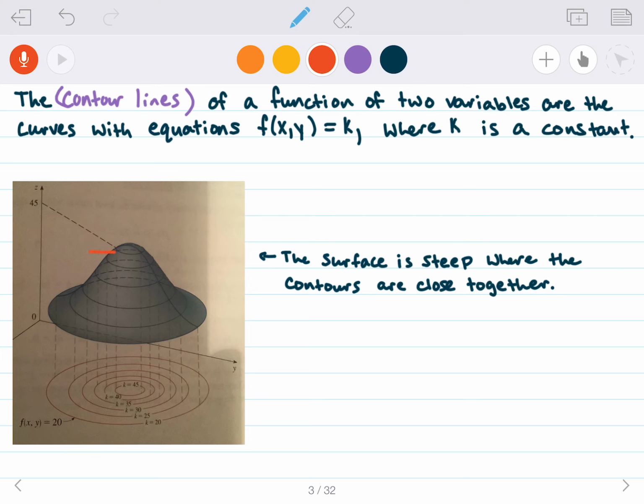If we sliced it with this plane, this would be the plane z equals 45, and it would cut this thing and make an imprint of a circle right here, and that's what we see here at z equals 45.